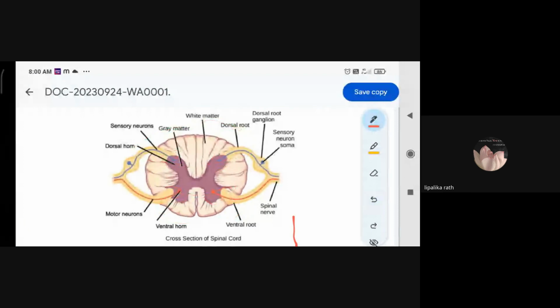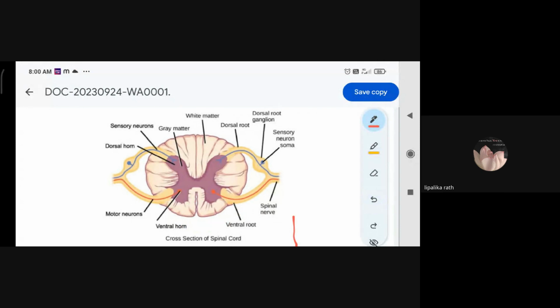So in this picture, this is the front of the spinal cord and this is the back. In anatomical language, the harder portion is dorsal. At our back side, our vertebral column is present.